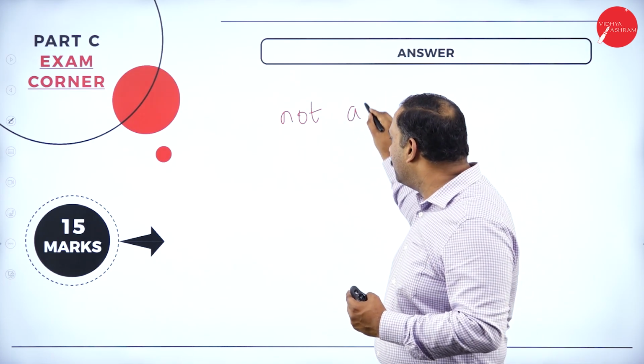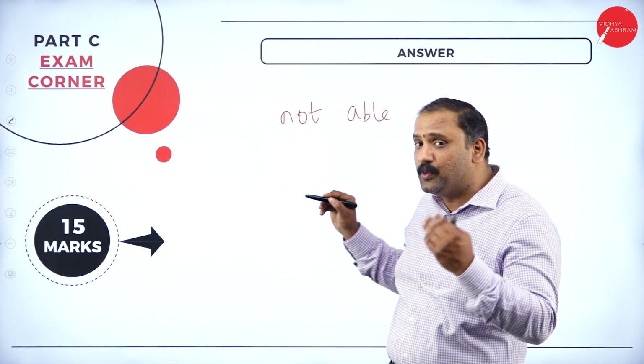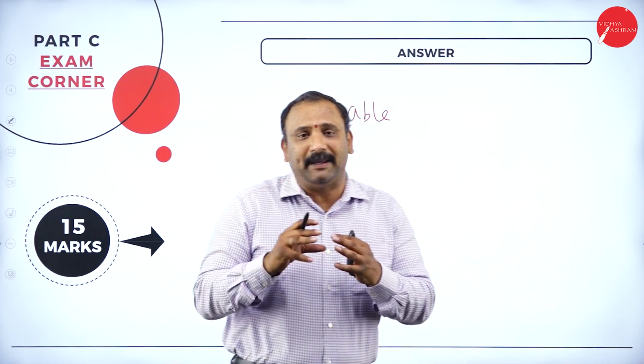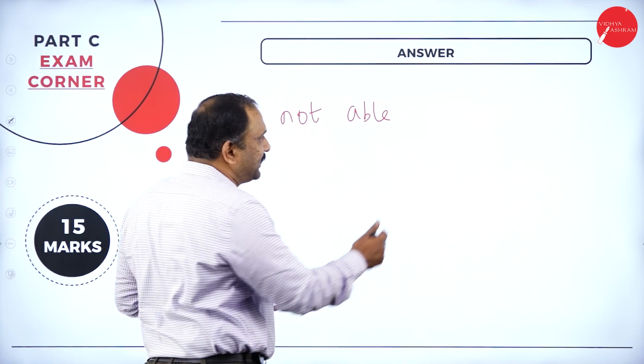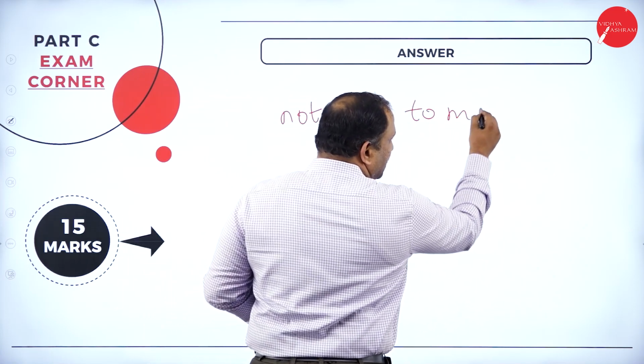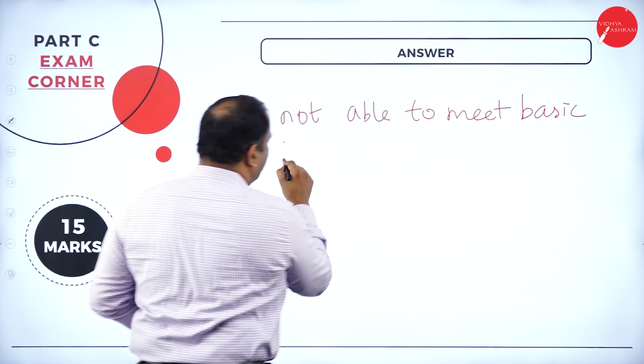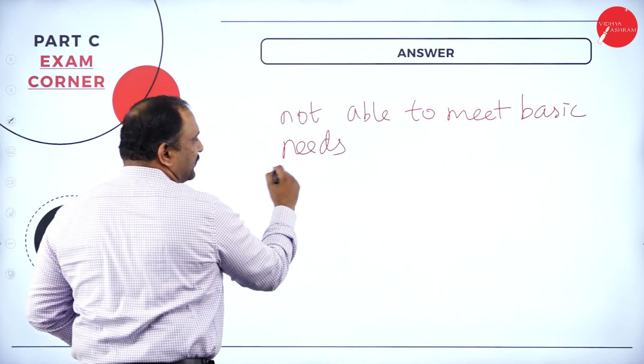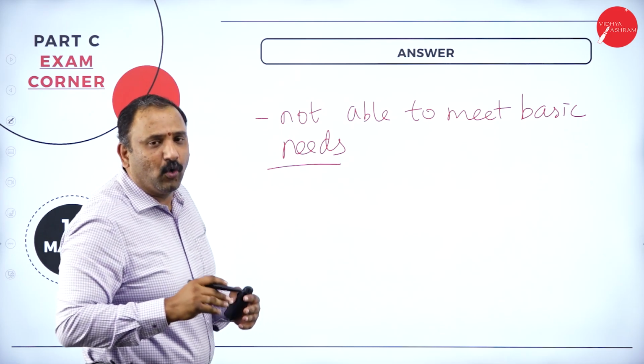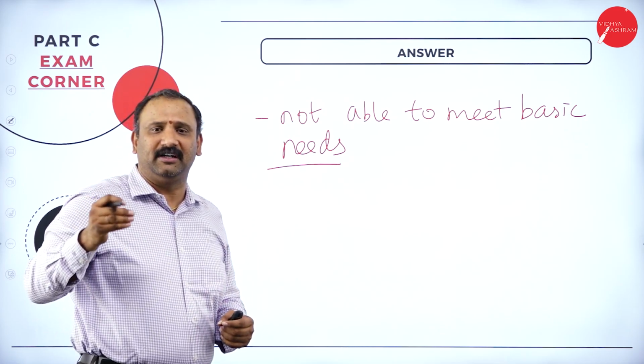Not being able to meet basic needs is where you see people suffering. They're not able to get the necessities, and you will see that food, shelter, clothing, everything comes under challenge. These are people who are not able to afford a regular meal.